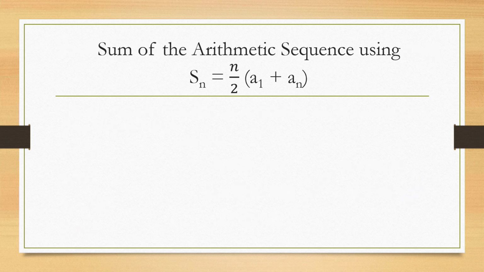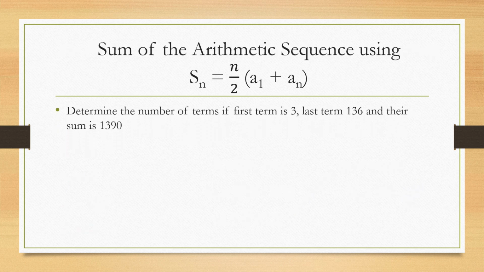Okay, so what about if the number of terms is unknown? From the problem given, we have the sum is 1390. So the S sub n is 1390.